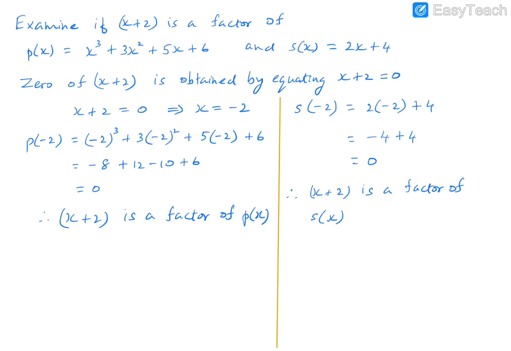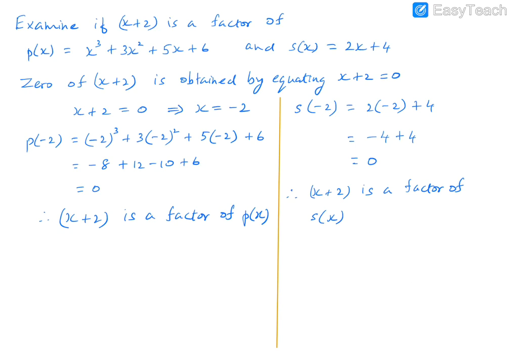So we have checked whether x plus 2 is a factor of each of these. Basically, we take the 0 of x plus 2 and substitute that in the polynomial expressions and see if the polynomial evaluates to 0 for that value. If it is equal to 0, then we say x plus 2 is a factor. If it is not equal to 0, you can conclude that x plus 2 is not a factor.